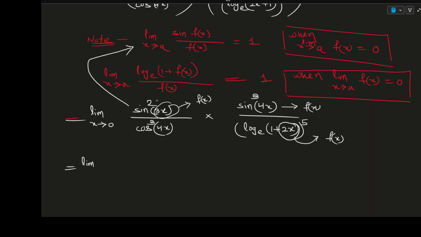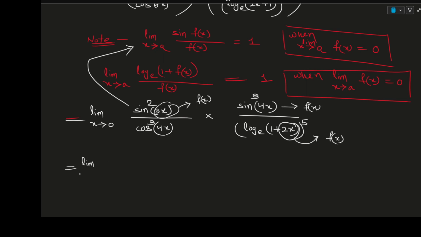One more thing we have to notice: here it is not sine of f of x, it is sine square f of x. So we have to make our denominator f of x square. Whatever f of x we identify, we divide with the square of f of x.